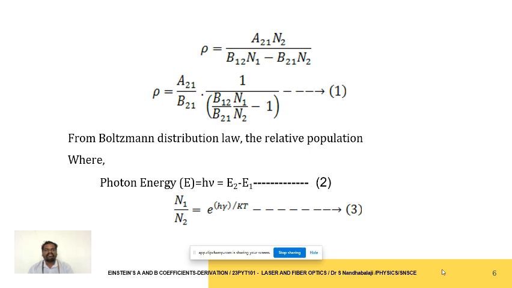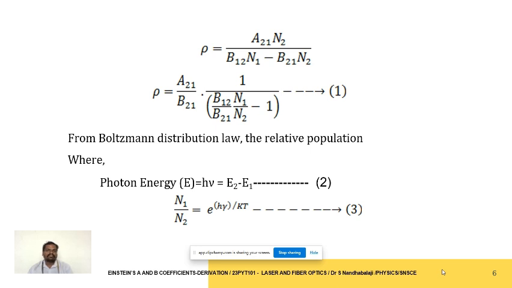In this equation, to calculate A21 and B21, we divide numerator and denominator by B21 N2.